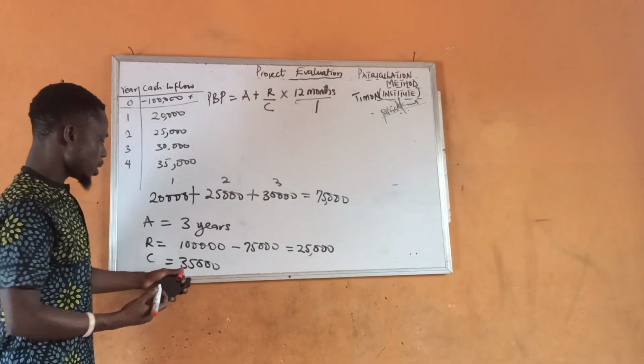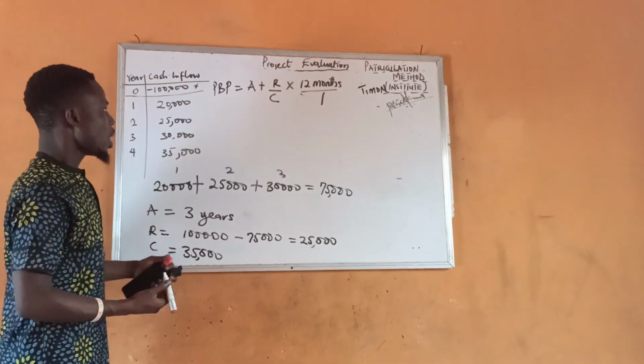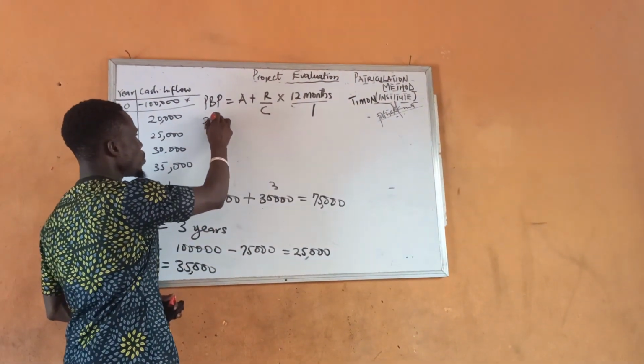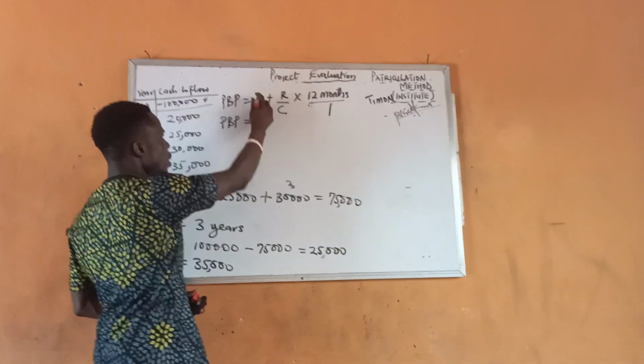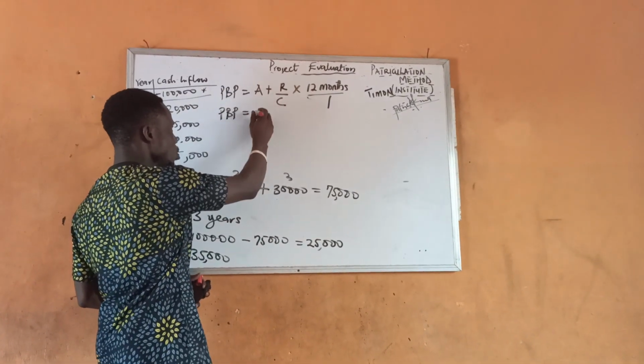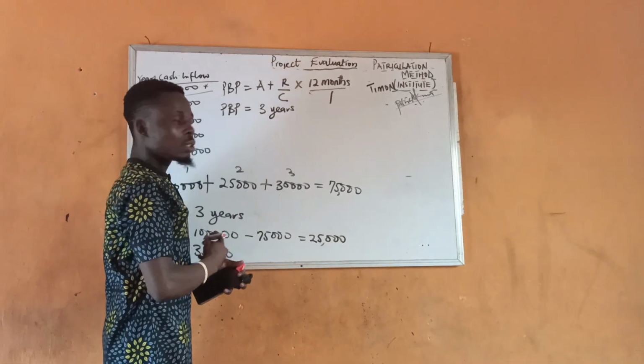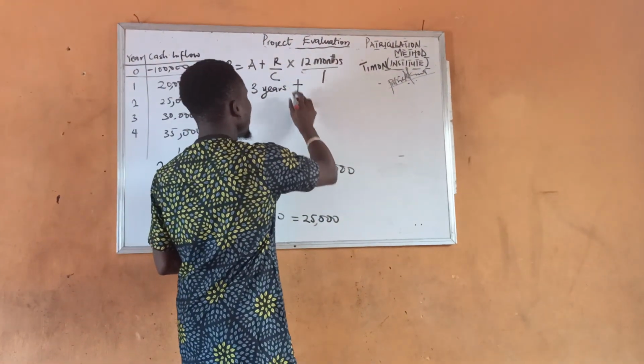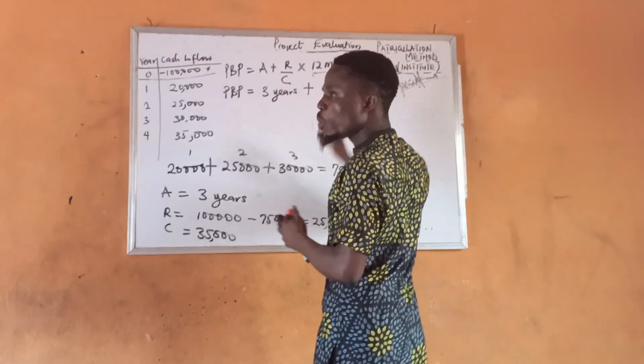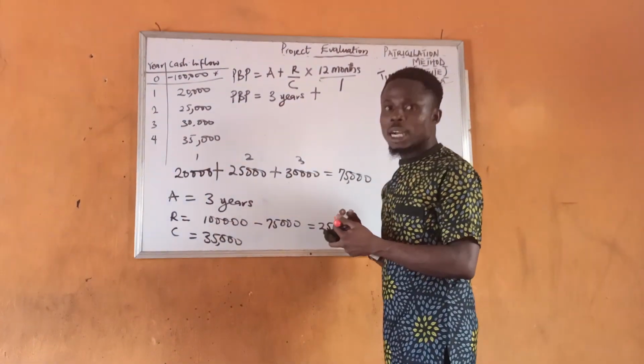With this, I can now substitute back into my PBP. PBP becomes equal to A, which is 3 years, I've gotten 3 already, plus R, the remainder, the amount of money remaining to complete the capital.